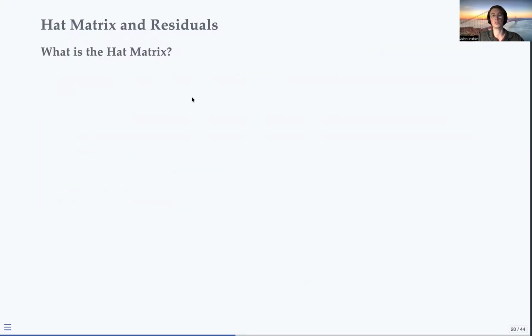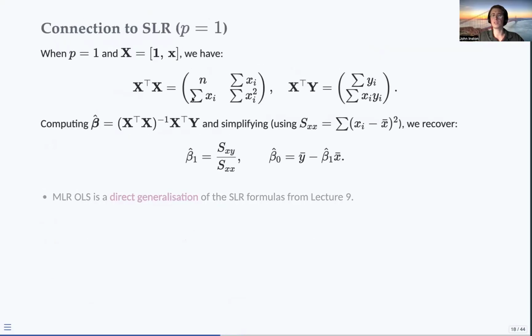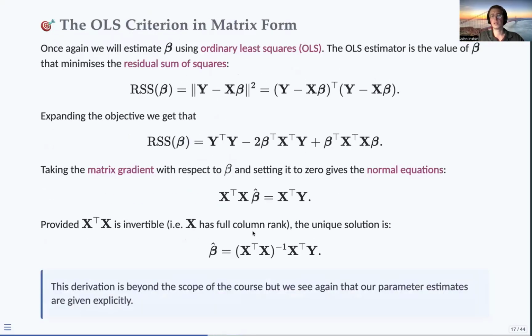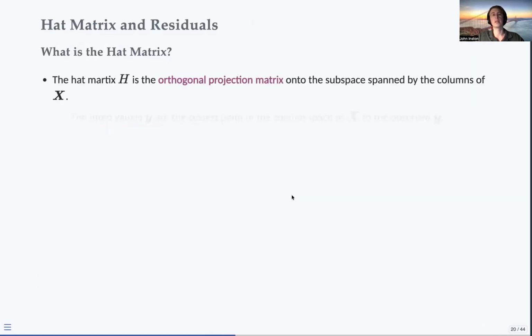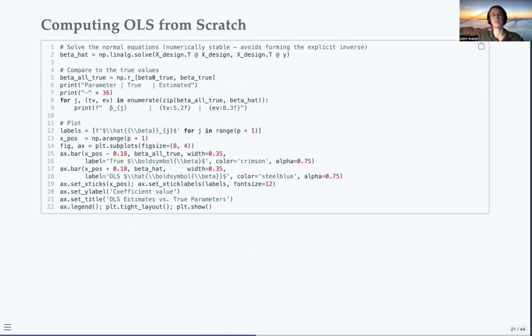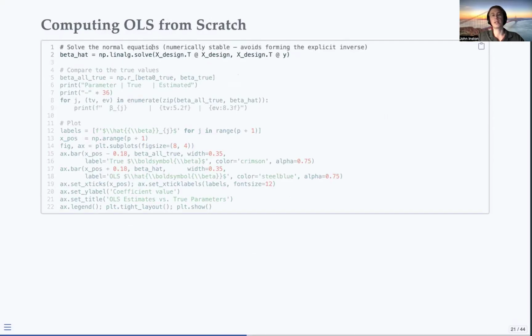So let me quickly scroll back to really emphasize what this is doing. The way that np.linalg.solve works is it is computing a system like this.